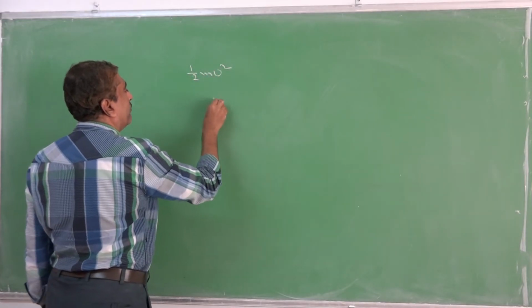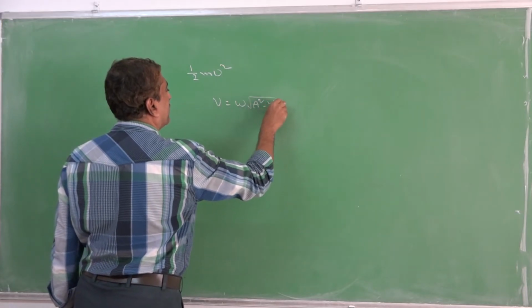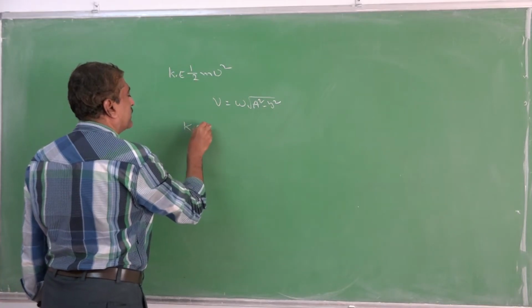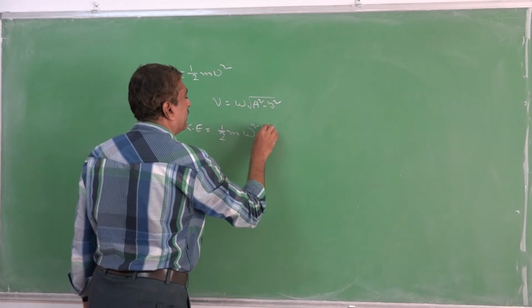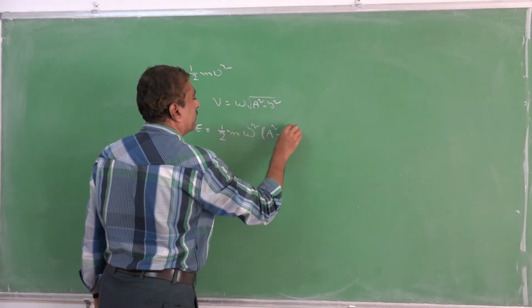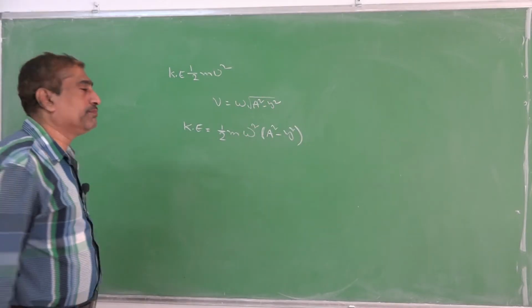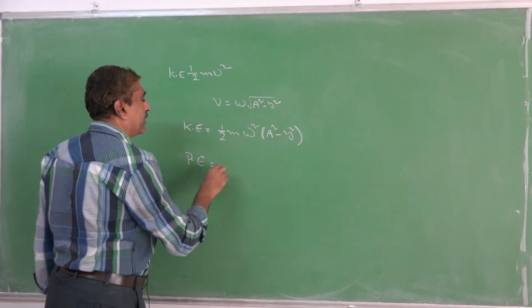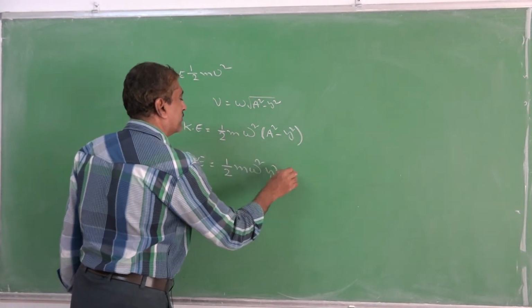But in SHM, v equals omega into square root of a square minus y square. So, the kinetic energy of a simple harmonic oscillator is KE equals half m omega square into (a square minus y square) at a particular displacement y. Now, the potential energy is given by half m omega square y square.